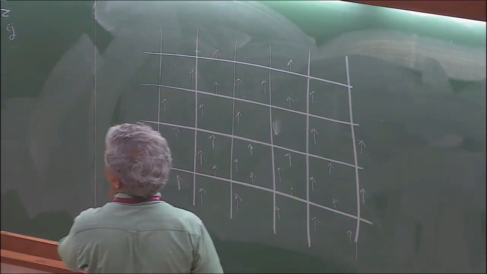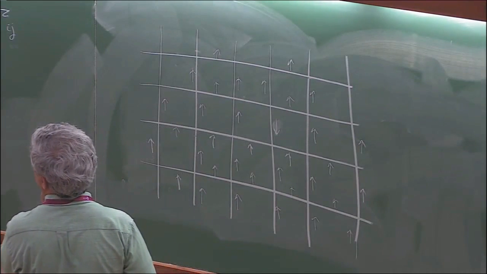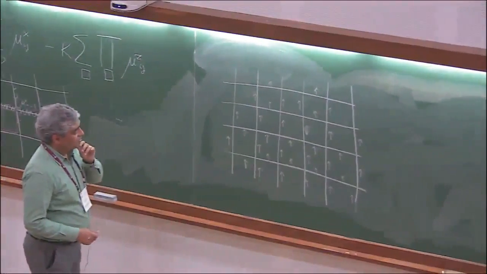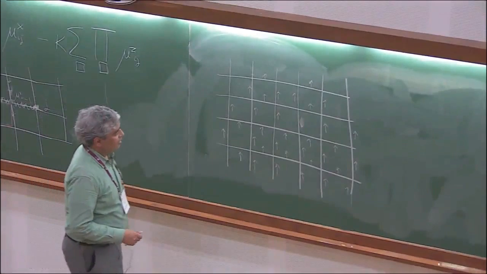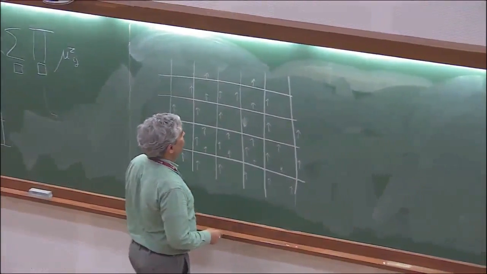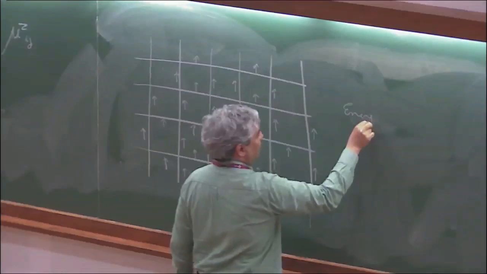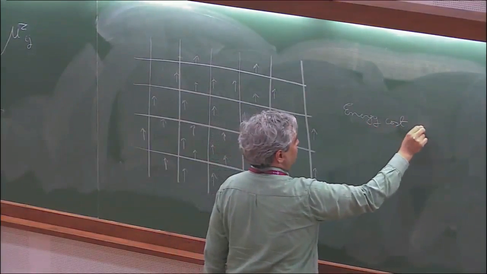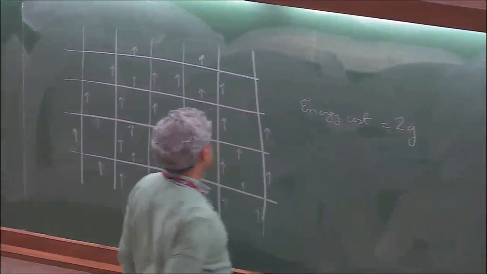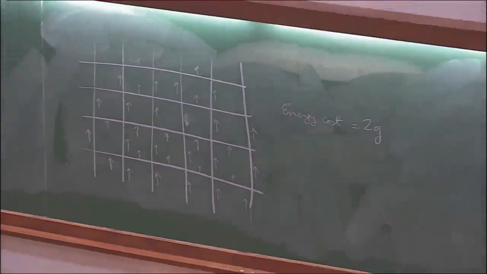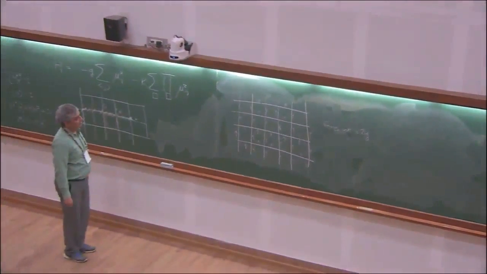Right now I'm working in the limit where K is very big and G is small, right? So the energy cost of the state relative to the ground state is 2g, because this went from having, no, sorry, am I saying this right? I'm not saying this right.